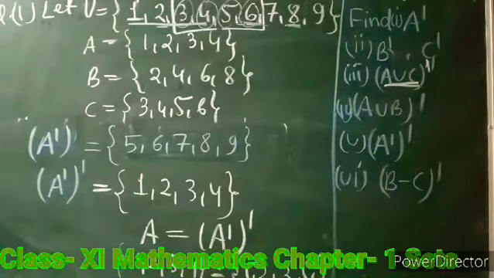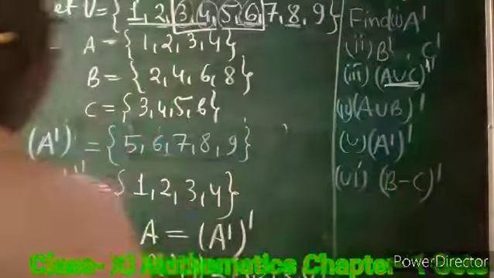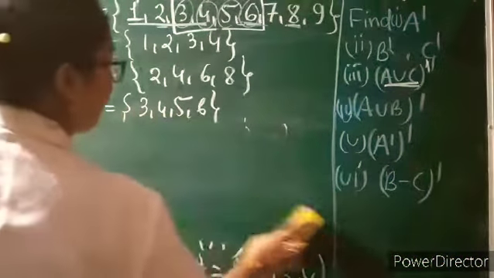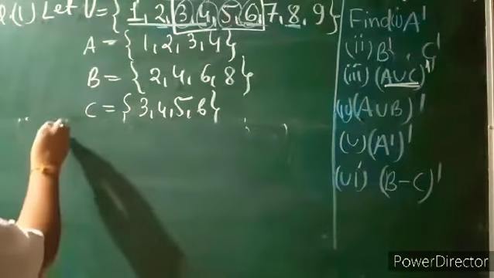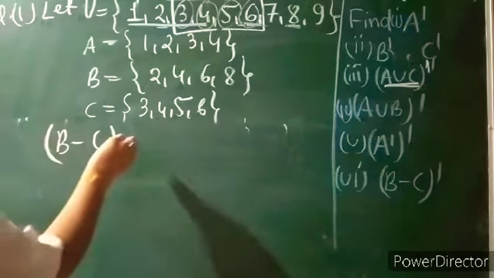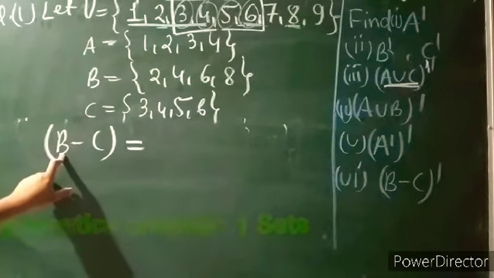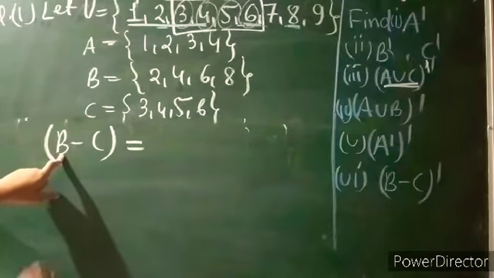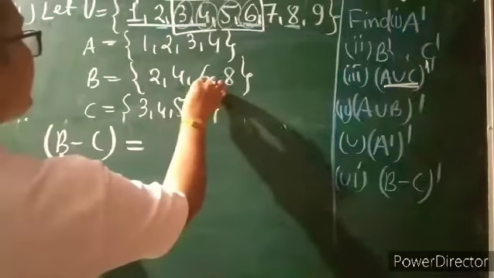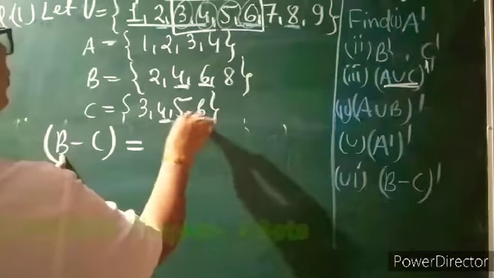Okay. Now B minus C. B minus C means we take only the members of B but not in C. You see here 6 and 4, 4 and 6 are common.